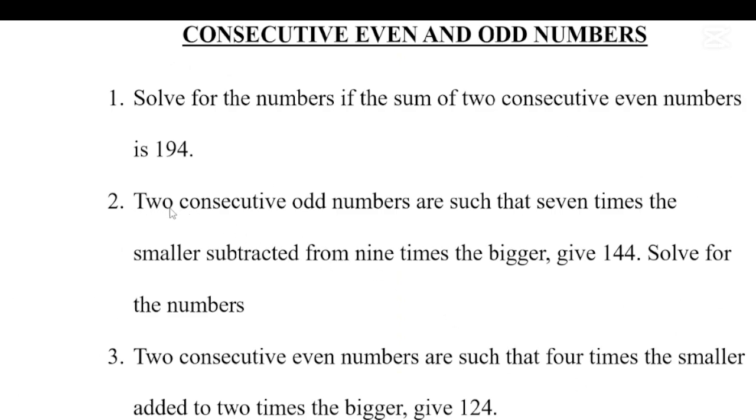Two, we have two consecutive odd numbers are such that 7 times the smaller subtracted from 9 times the bigger gives 144. We already know what consecutive numbers are. Odd numbers are numbers that are not divisible by 2 without a remainder.